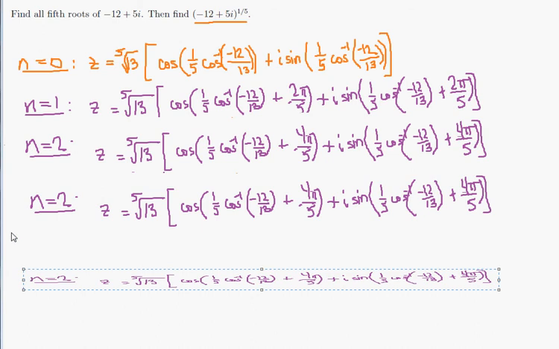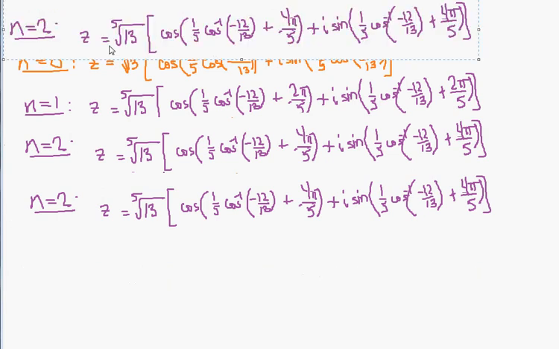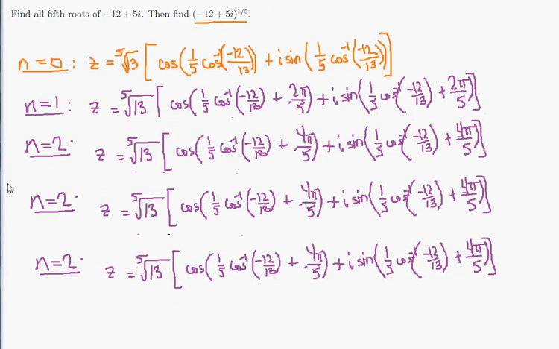First off, for the n equals 3 case, the angle will now be increased from 4 pi over 5 to 6 pi over 5.